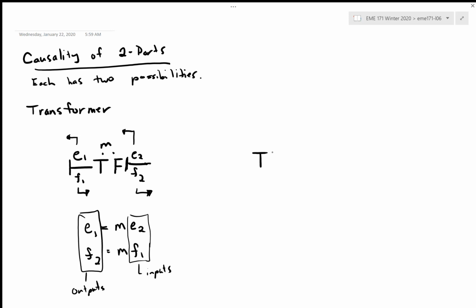Similarly, we can have another scenario. If the causal stroke is like so, then for the 1 side, then the 2 side will have to be as drawn.